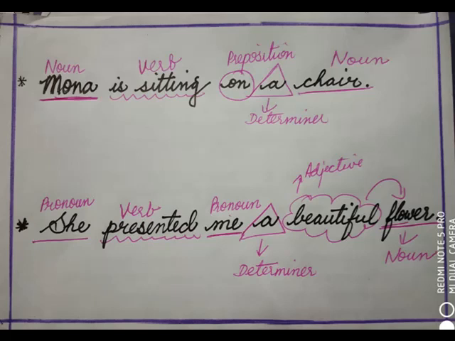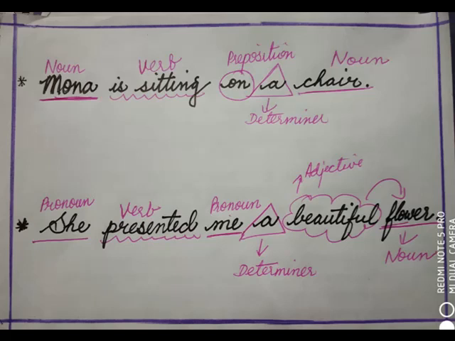Now in the second example it is written, she presented me a beautiful flower. The word she is pronoun, presented is verb, me is pronoun again, a is determiner, beautiful is adjective, flower is noun.